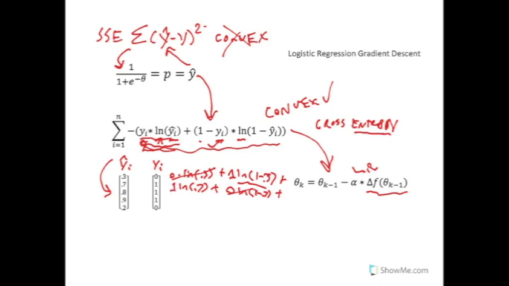And then if I follow this the rest of the way through, I've got 1 times the natural log of 0.8 plus 0 times the natural log of 1 minus 0.8 plus 1 times the natural log of 0.9 plus 0 times the natural log of 1 minus 0.9 plus 0 times the natural log of 0.2 plus 1 times the natural log of 1 minus 0.2.